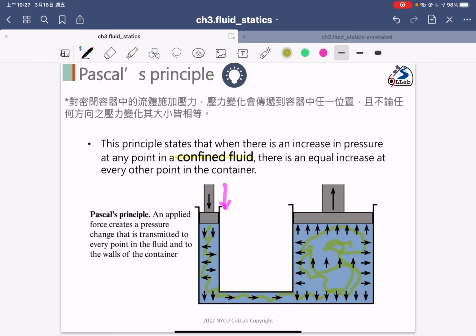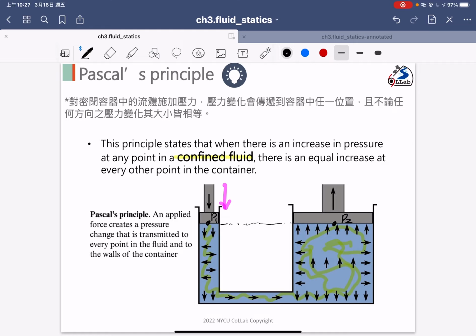That's why I can say the point here and the point here have the same pressure. So P1 is always equal to P2, when they are located at the same elevation. This is the Pascal principle.